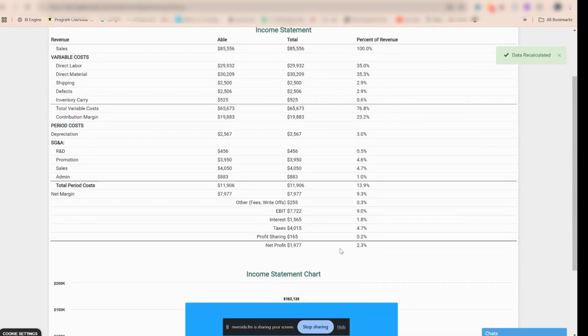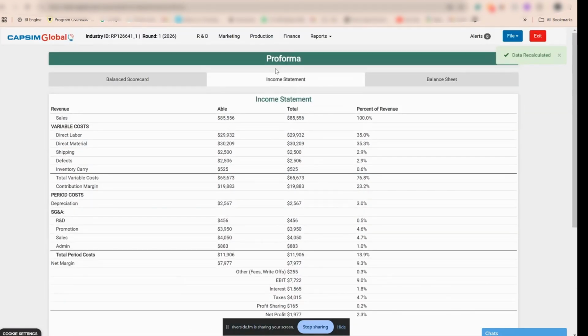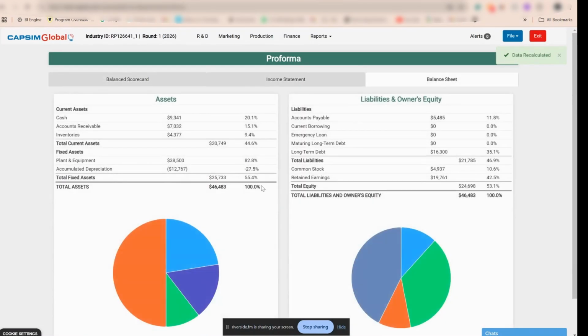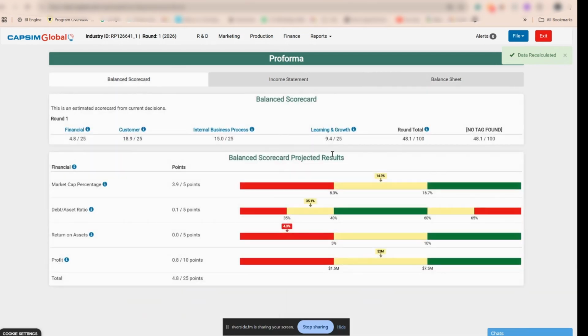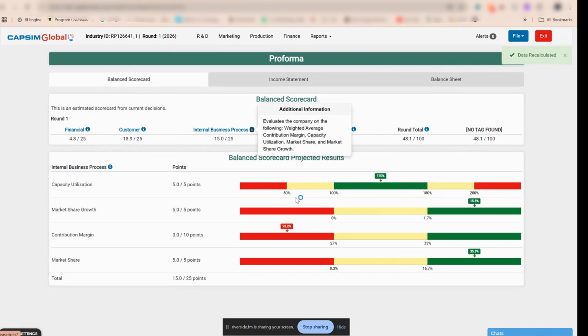But at the end of the day, my net profit is just 1.9 million. This is too small. It's not good. Also the balance sheet, oh man, it's not very good. I've got to review this. This is why you look at finance, look at the score, internal business process, market share growth. I see it's good. Contribution margin is not good. I've got to find a way to improve that.